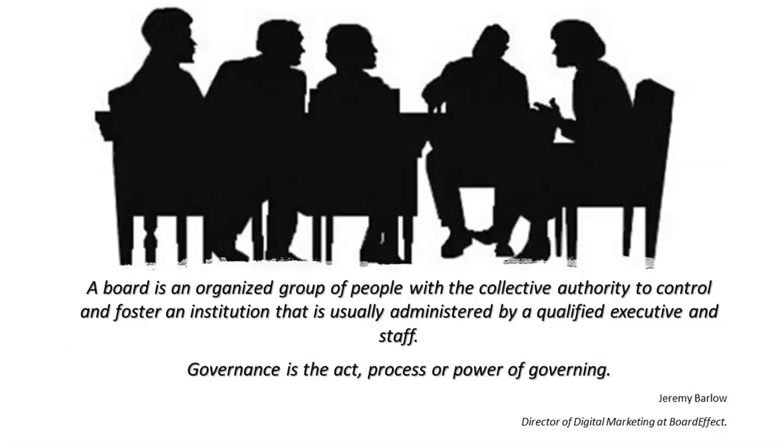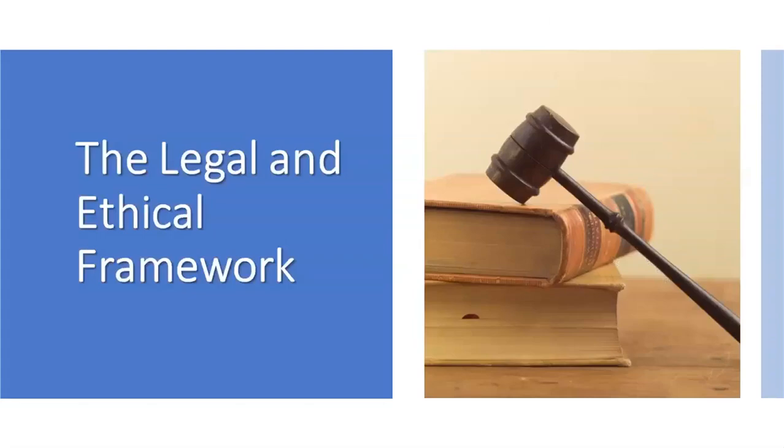Governance is the act, the process, or power of governing. And no matter what type of 501c3 or what type of nonprofit organization you have under the 501c3 code, we are all contextualized, if you will, within the legal and ethical framework. And part of that framework includes accountability, liability, and protection.